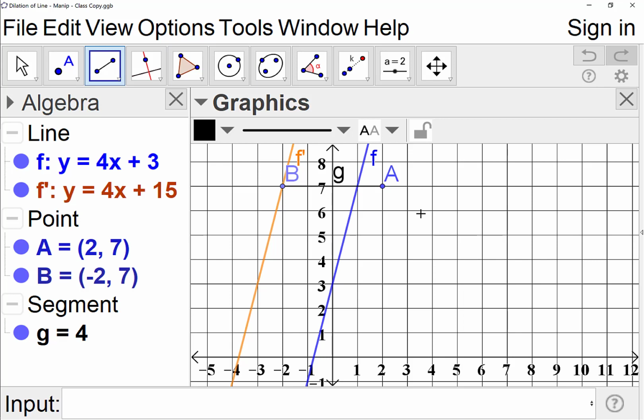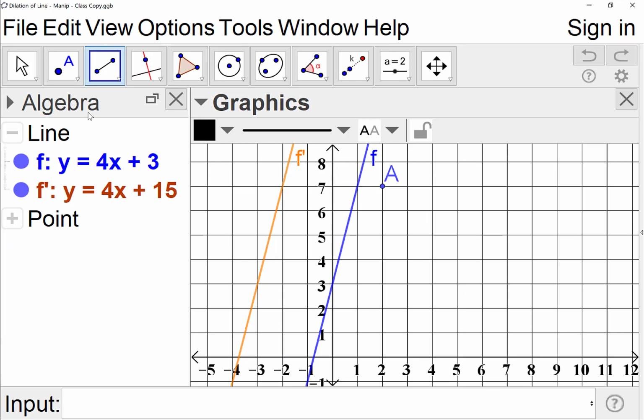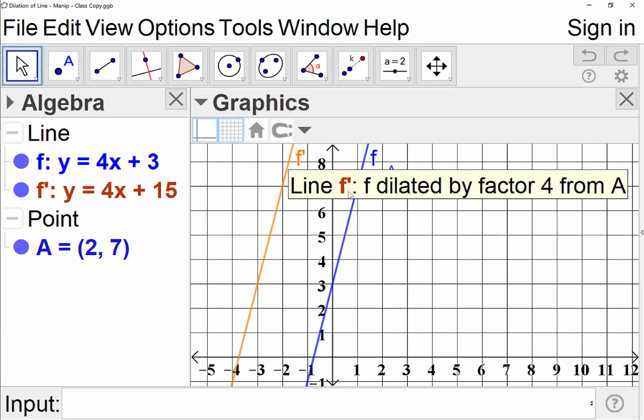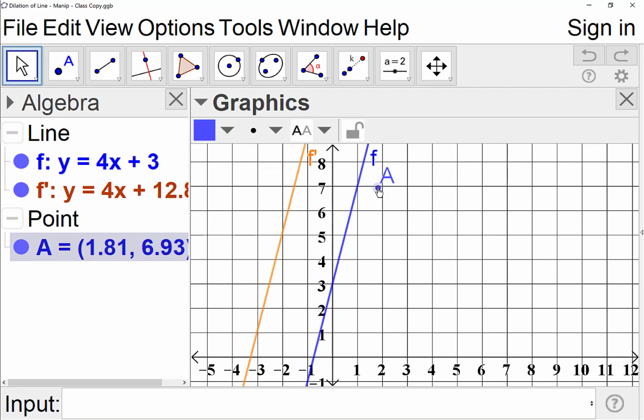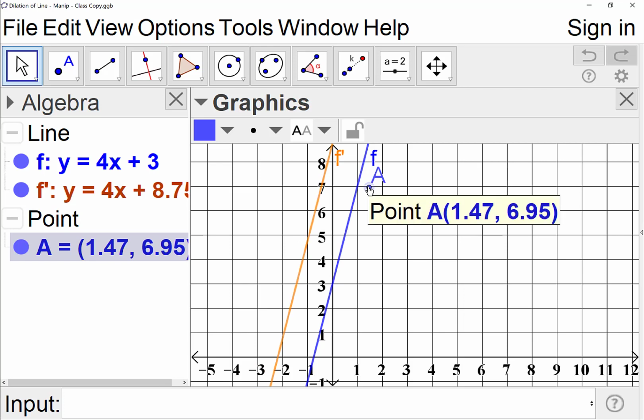But where was the center of dilation? Was it really 2, 7? No. Where was it? 1, 7. Watch what happens as I adjust that point. What's happening to the image as it gets closer to the line? Because now it has less distance to go away from the line.